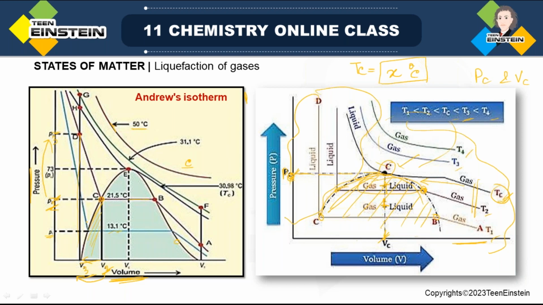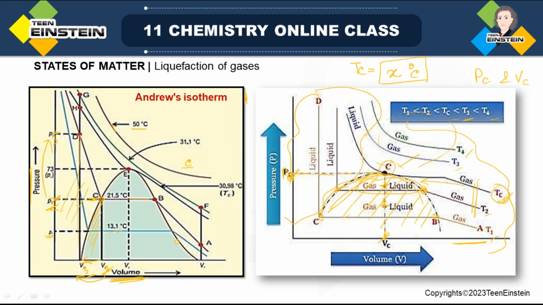Now when you are gradually decreasing the volume, that means you are compressing it. As you are compressing it, now you have reached the zone of liquid, this zone is liquid. So when it is already in the liquid zone, even if it is slight compression, there will be a huge increase in pressure, because liquids are not compressible, gases are compressible.